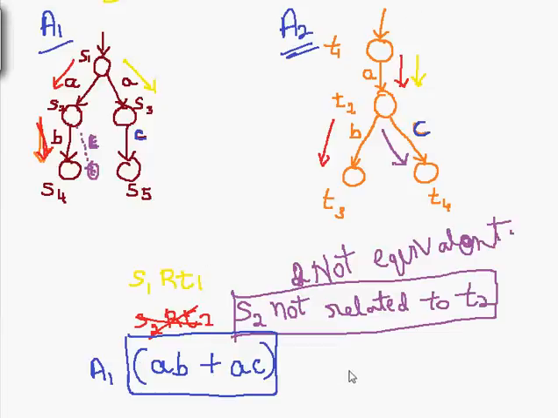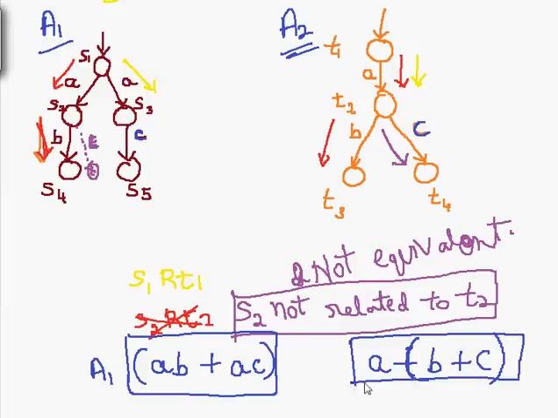It has something like A followed by B or C. This is what A2 gives. So aren't they equal? Aren't they the same? We saw that in the previous one it was the same, but here there is some problem.